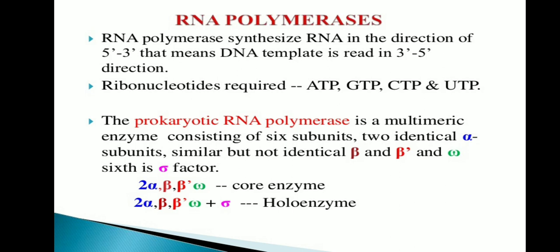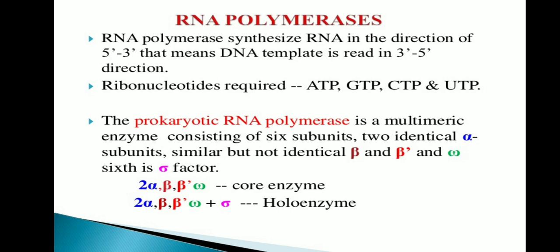Okay, so the prokaryotic RNA polymerase is a multimeric enzyme. Multimeric means it has multiple subunits, consisting of 6 subunits. Two are identical alpha subunits, okay, similar but not identical beta and beta dash, another one omega, and the sixth one is the sigma factor, right?